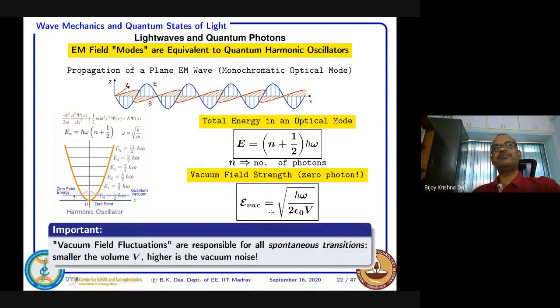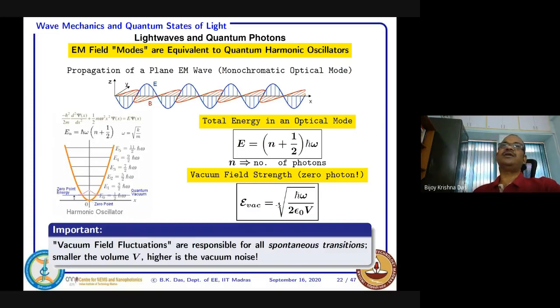The uncertainty principle, for a quantum particle, says that momentum and position you cannot simultaneously measure accurately. So here also you can think that a certain kind of uncertainty rule applies, that you cannot measure accurately, but the existence is there, and that uncertainty fluctuation is actually responsible for all sorts of spontaneous emission.